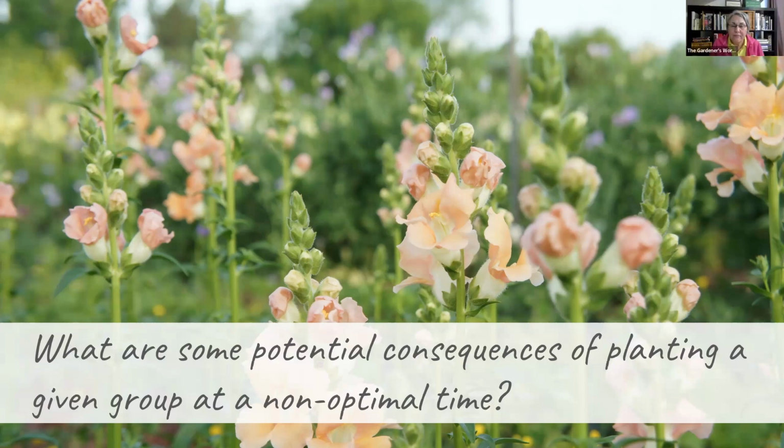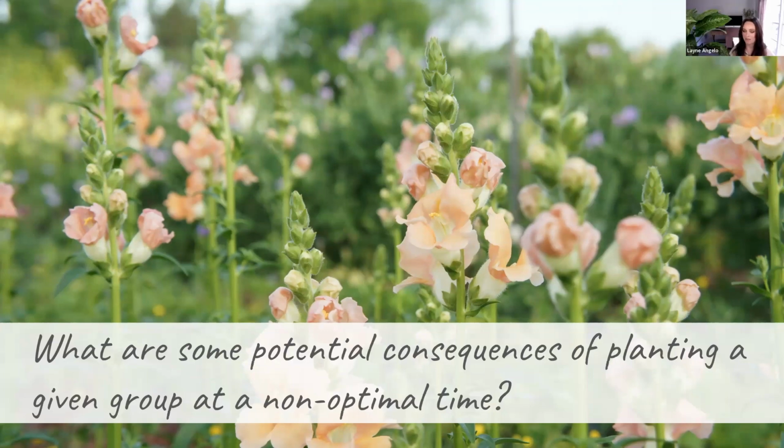Right. And it is a good thing to note that a lot of times these groups can bloom outside of those optimal bloom times and conditions, but it just might be a worse quality stem that you're looking at. Right, which if you're a flower farmer, defeats the whole purpose. Yeah.